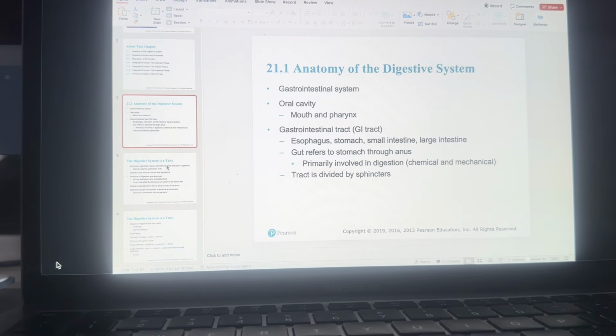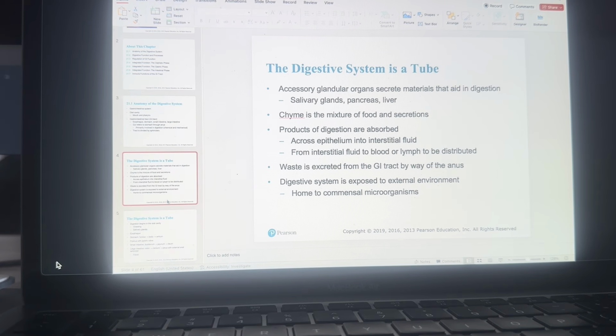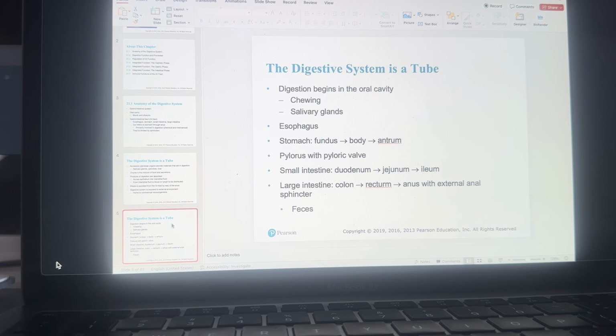So if we start from our mouth, we're breaking down food mechanically. We're using some enzymes to chemically digest the food and break it down, and then it goes into the stomach. In the stomach you're going to have that first barrier, a sphincter that basically stops the food from going straight into your intestines. And what is the main process of the stomach?